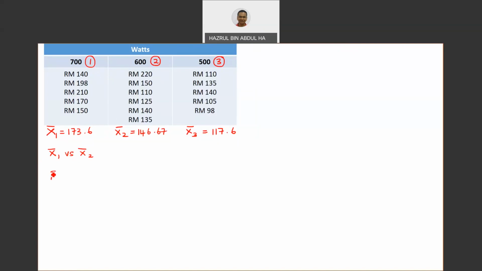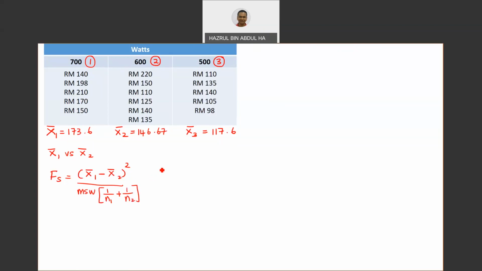So Fs is equal to x bar 1 minus x bar 2 squared divided by MSW multiplied by 1 over N1 plus 1 over N2.